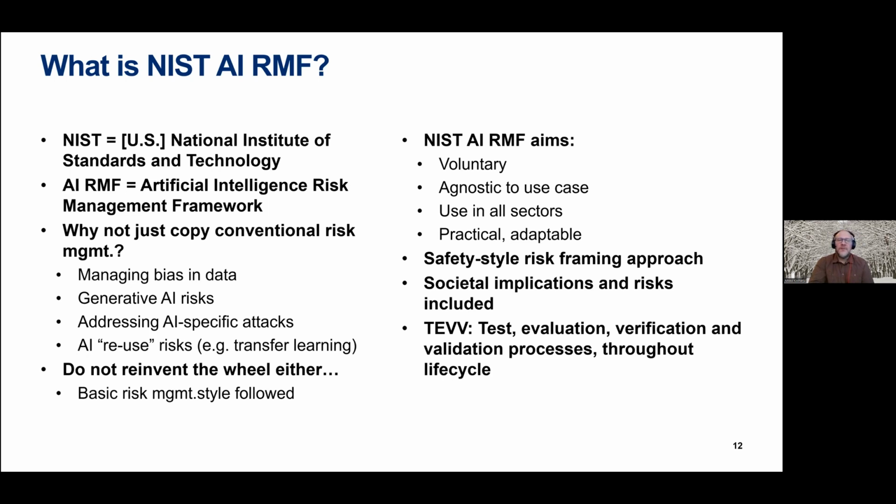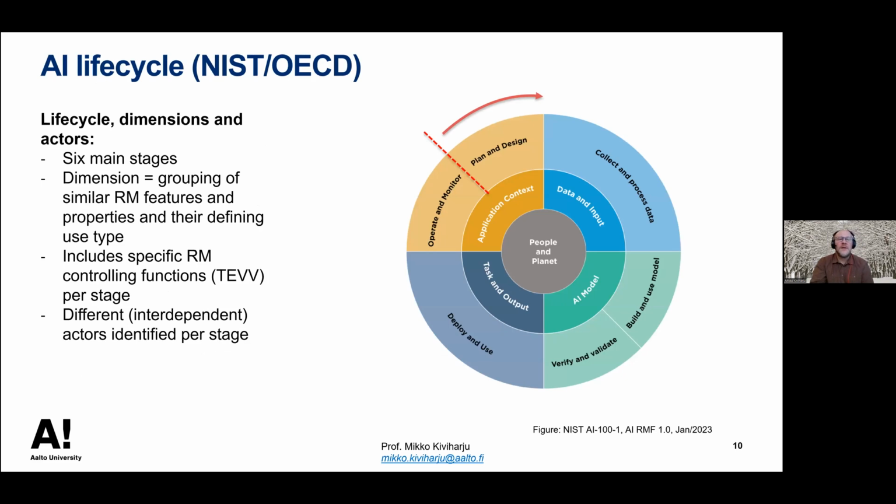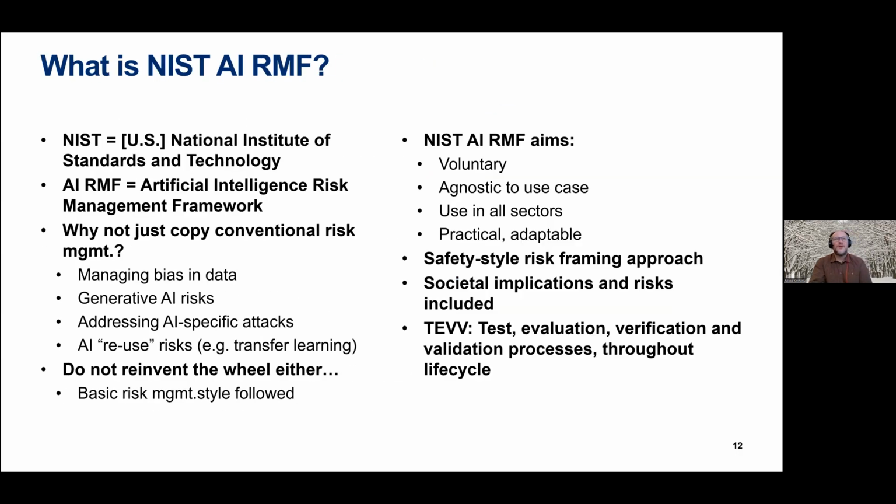The risk framing approach is more safety style than security style. If you look at this circle, in the heart of it is people and planet. So they are really going to be sector unspecific and considering very large models which could technically go rampant like some Skynet. That's why they already include the safety aspect there, and societal implications and risks as well.